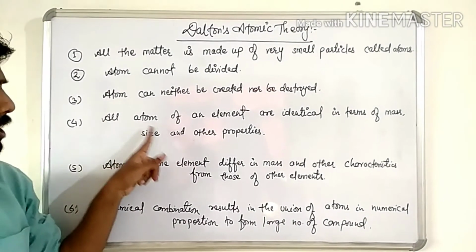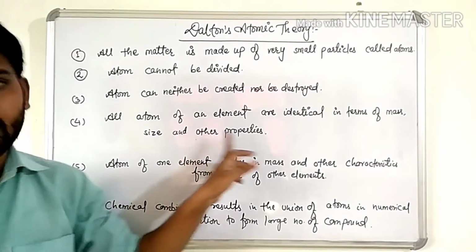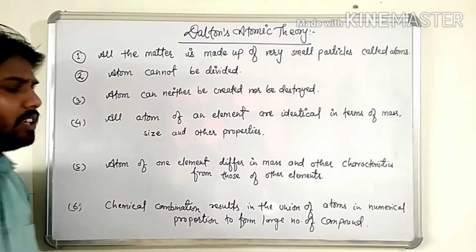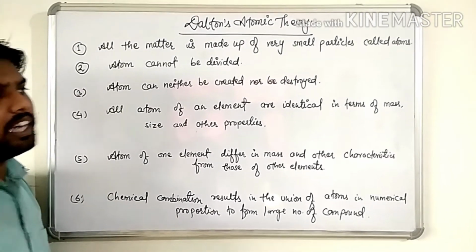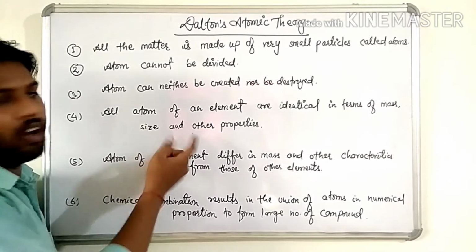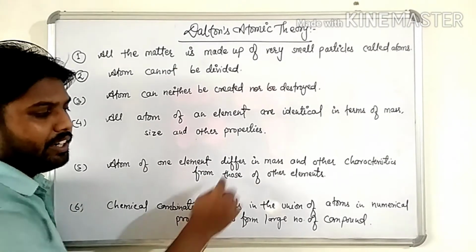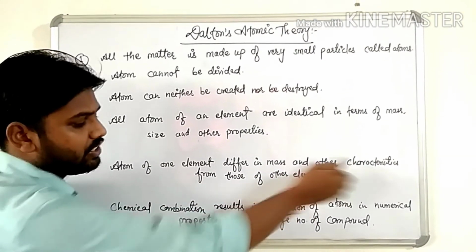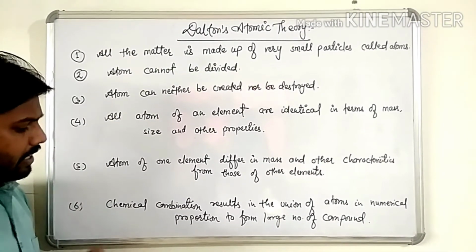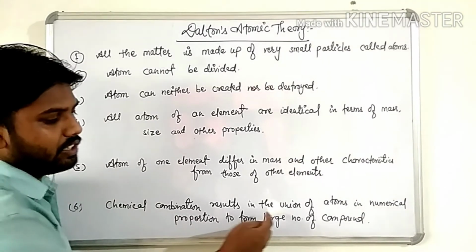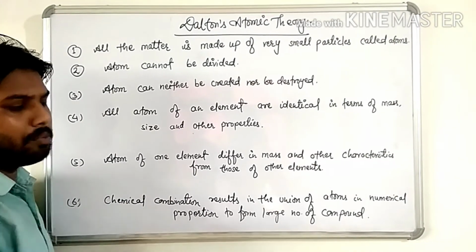Fourth, all atoms of an element are identical in terms of mass, size and other properties. Fifth, atoms of one element differ in mass and other characteristics from other elements. Sixth, chemical combination results in the union of atoms in numerical proportion to form a large number of compounds.